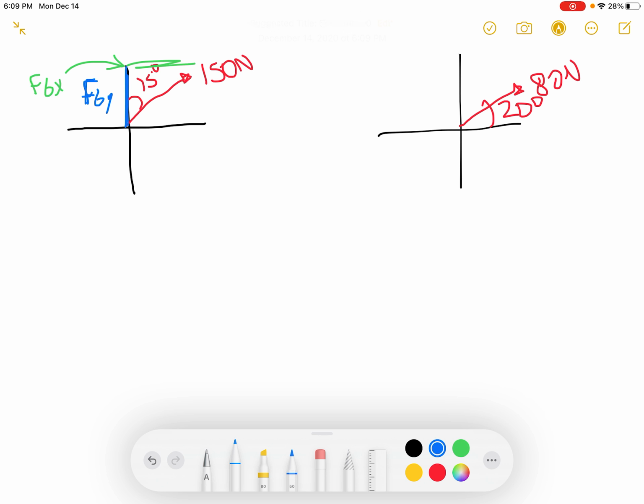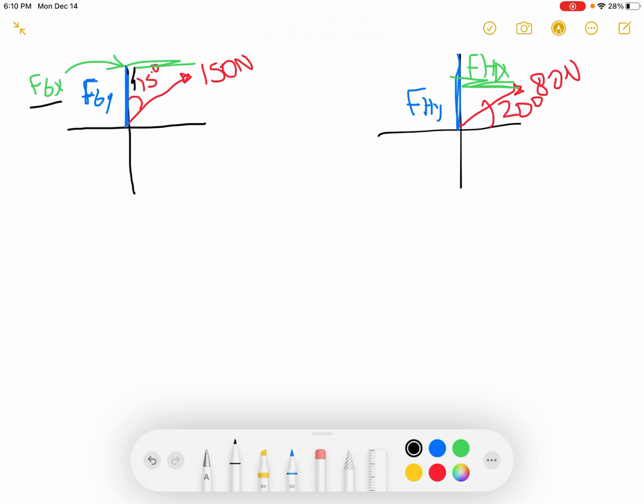Then we have FHY. And then FHX. So, why did we use sine? Because the angle is across, once again, from the x component.